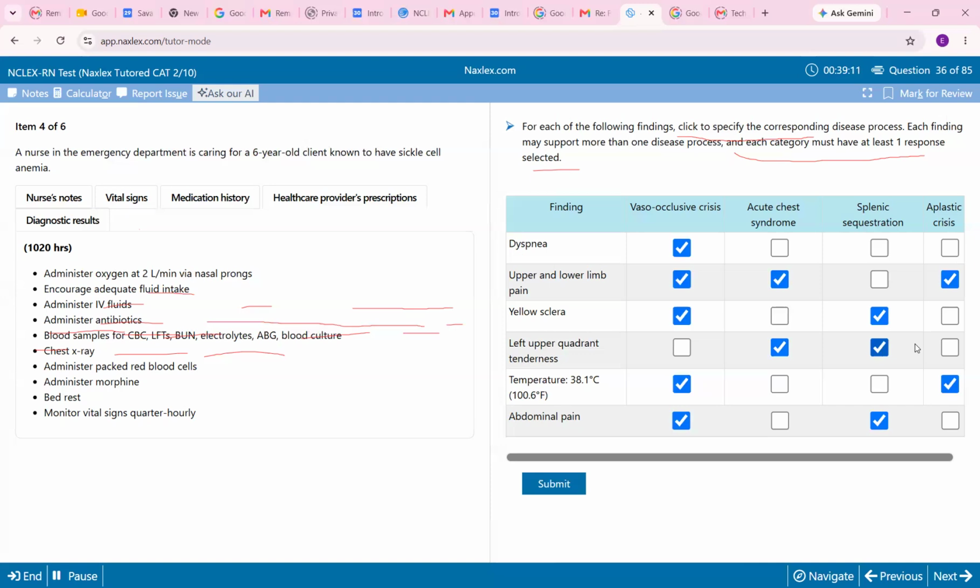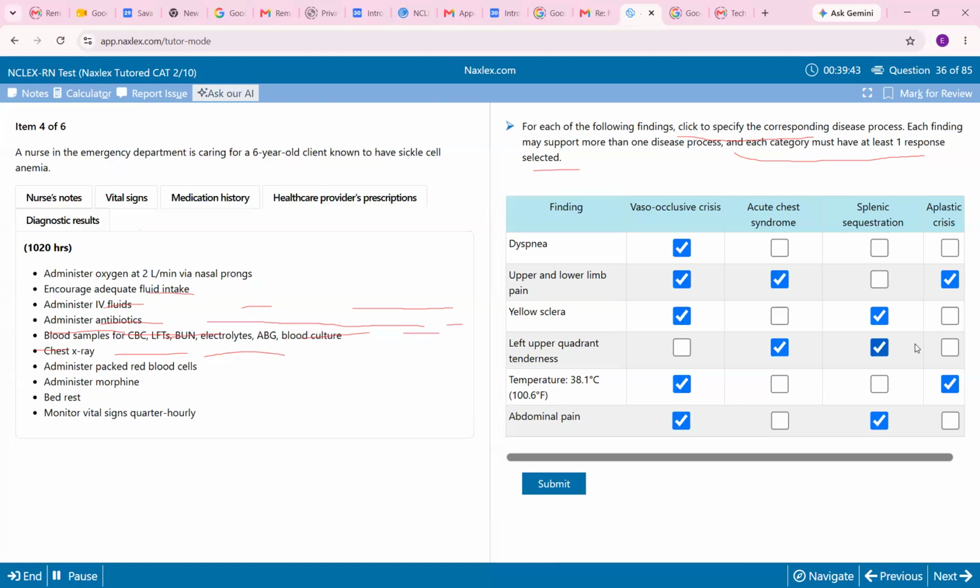The main signs and symptoms are severe fatigue, pallor, weakness, dizziness, tachycardia, and severe anemia. These are the main findings related to each condition. The important one in aplastic crisis is a sudden decrease in the reticulocyte count. The client will not have the pain, but there is a decreased reticulocyte count.